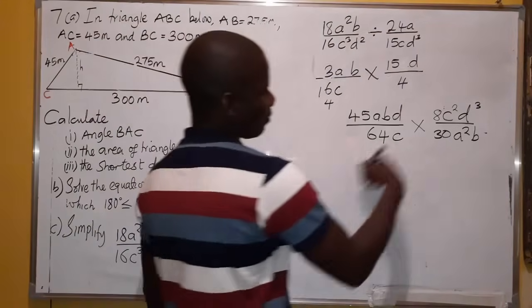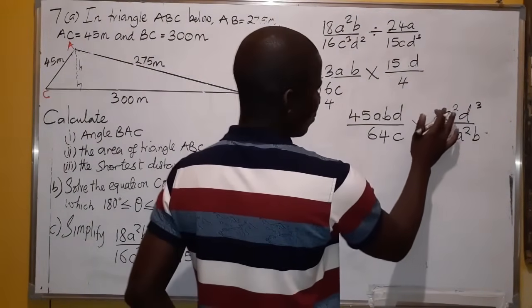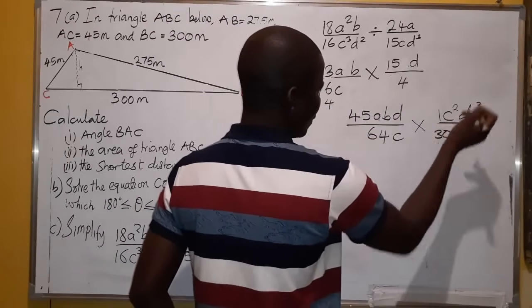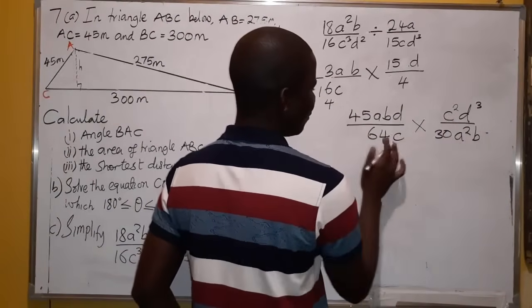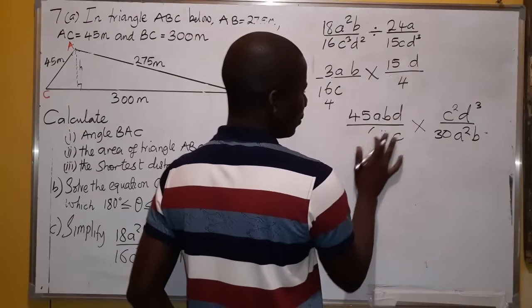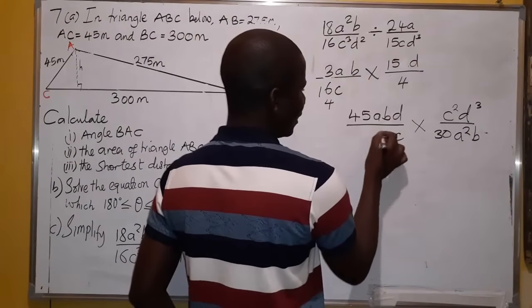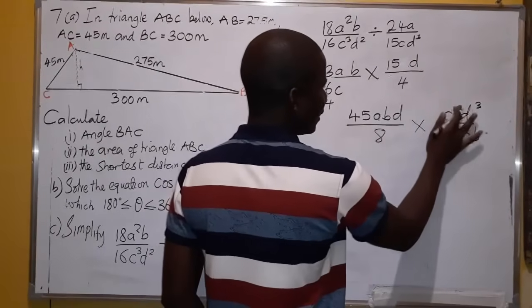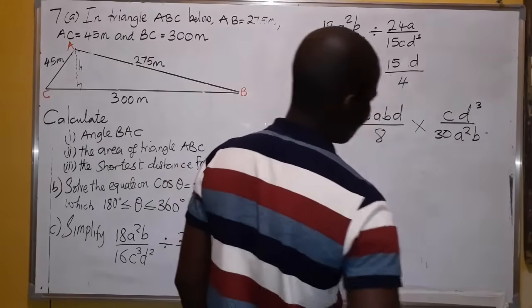So now we simplify. We start with 8 into 8. How many times? Once. If you want, you can put 1 here, which is the same as not leaving it. 8 into 64 is 8. This c will go with 1 c here, so here you remain with just c.